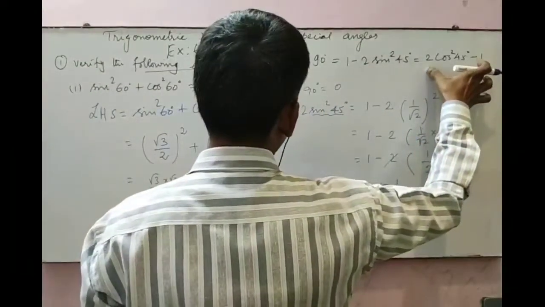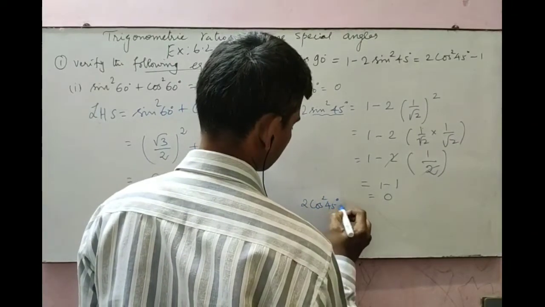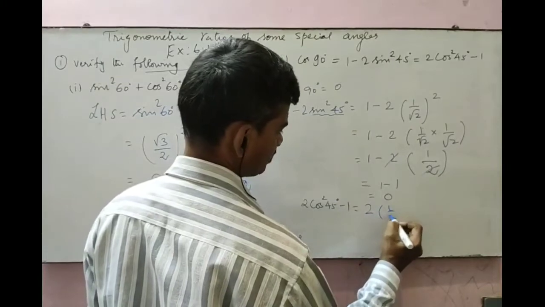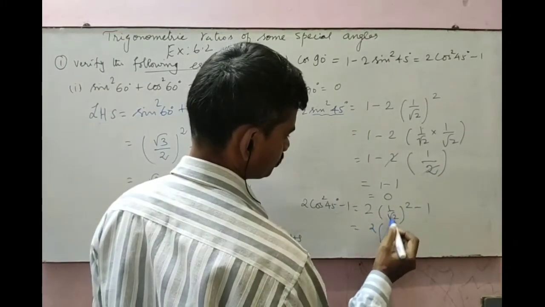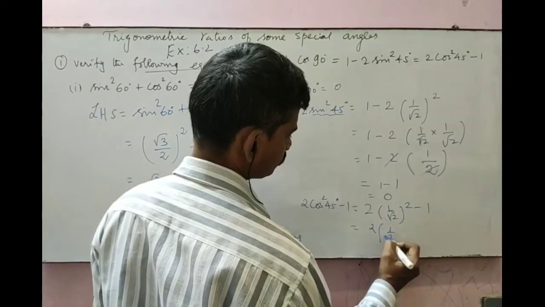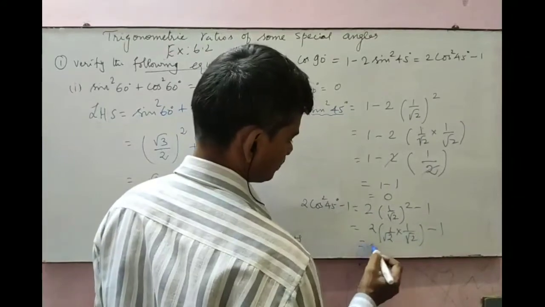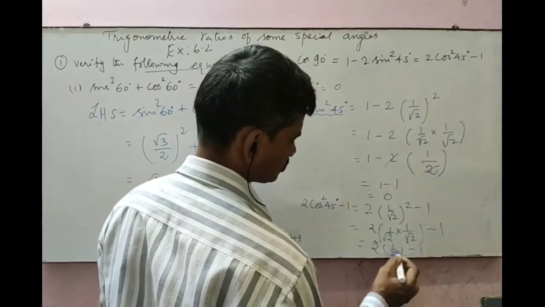Now we move on to the third equality. 2 cos square 45 degree minus 1. Here also 2 cos square 45. Cos 45 is again 1 by root 2 whole square minus 1. So 2 into 1 by root 2 into 1 by root 2 minus 1. Here 1 by root 2 into 1 by root 2 gives 1 by 2 minus 1.